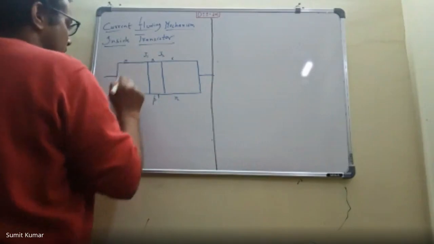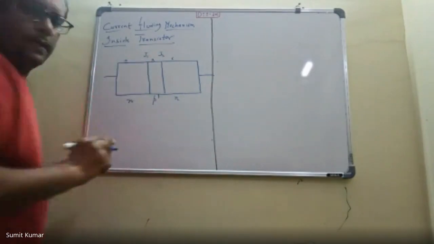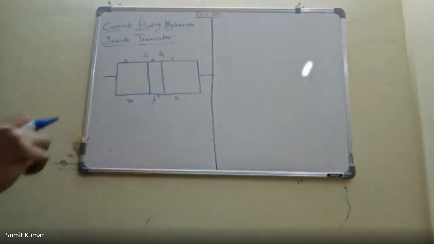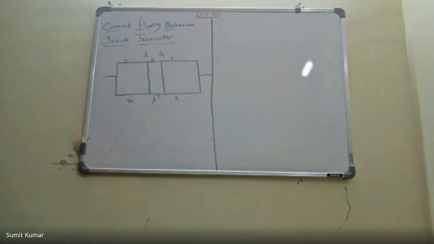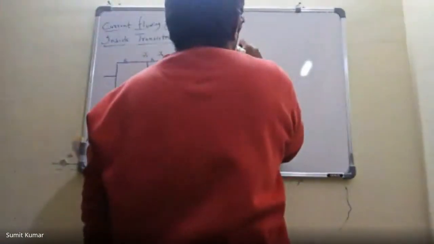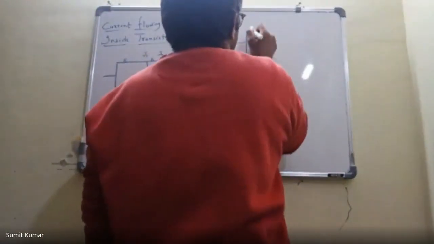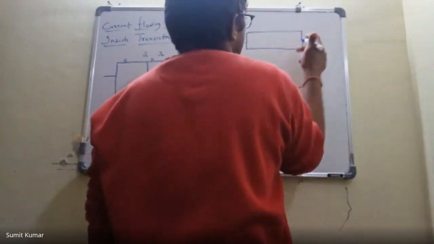So we know that this is the PN junction, and what happens when we provide the forward biasing to a PN junction? So let me give you a recap of the PN junction in forward biasing, which we have already studied in unit 1. So what happens? So basically, this is the PN junction.